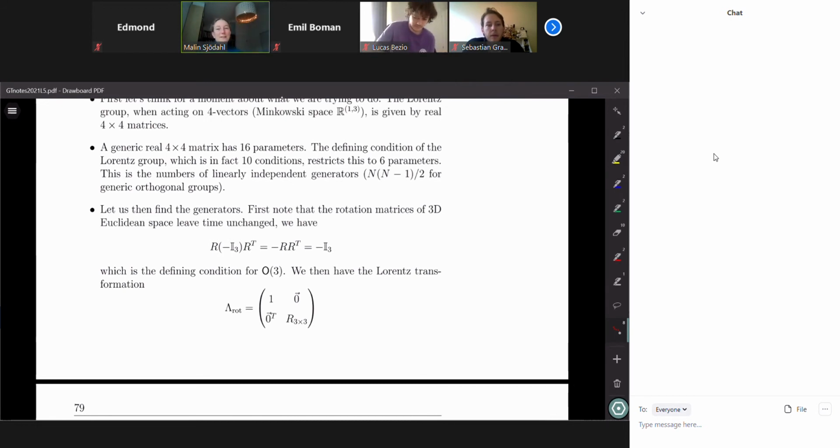So then we want to find the generators. And let's not start from scratch. Let's use what we know from before, namely how to generate rotations in 3 dimensions. So for rotations in 3 dimensions, we had that R transpose R should be 1, and now I just inserted the -1 from the -1 that I had on the diagonal of the 4x4 matrix. Of course, it can be crossed out everywhere.